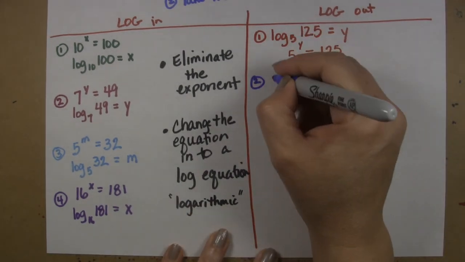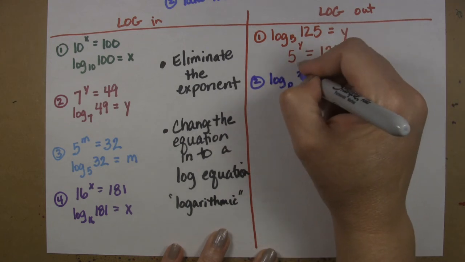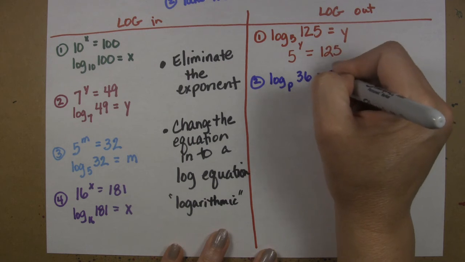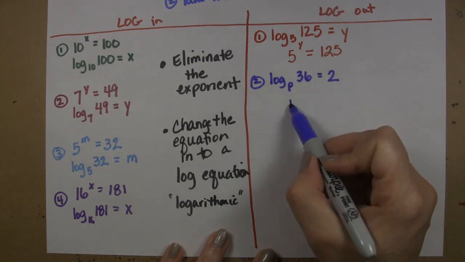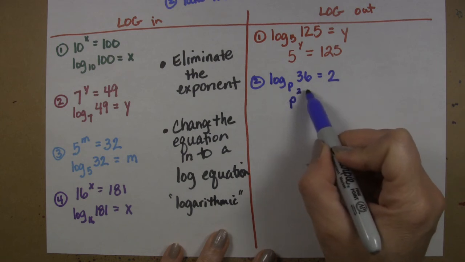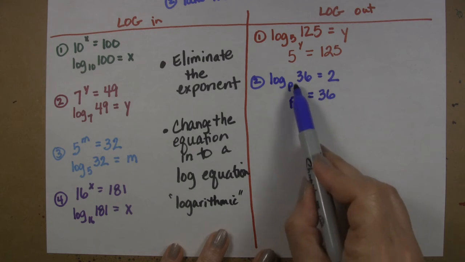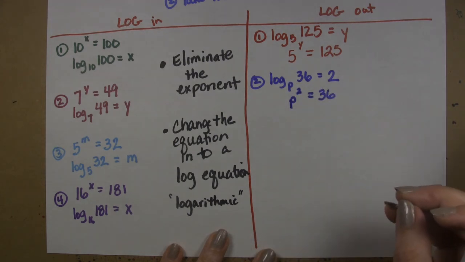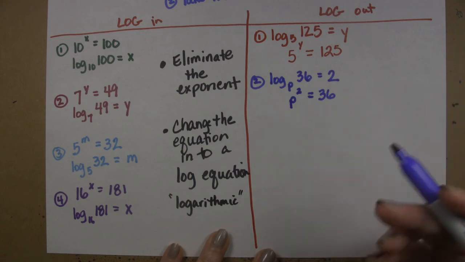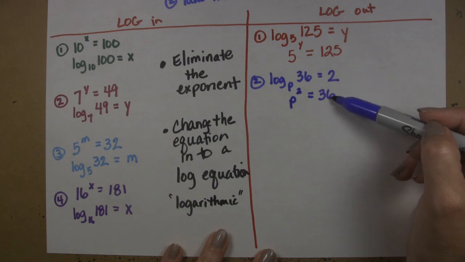How about log base p of 36 equals 2. So that means you have your p, you raise it to 2, and that gets you to 36. So these two blue equations are equivalent to each other. Just one is in a logarithmic form and one is not.